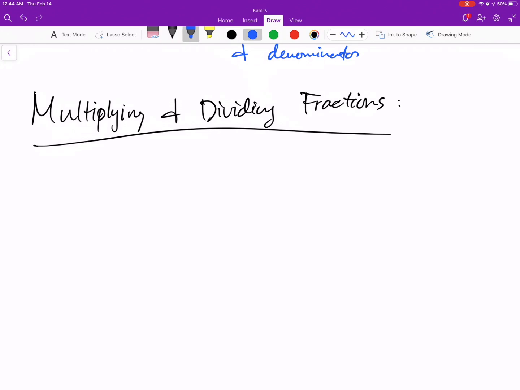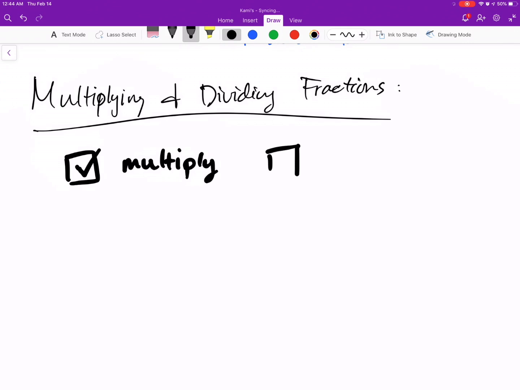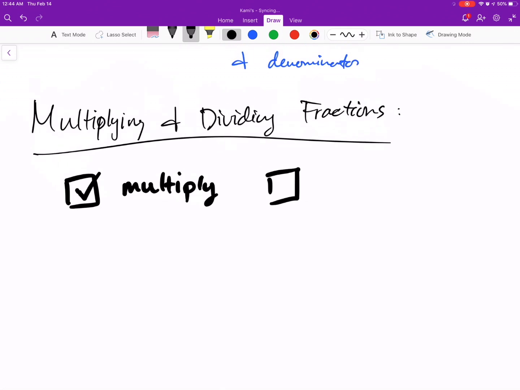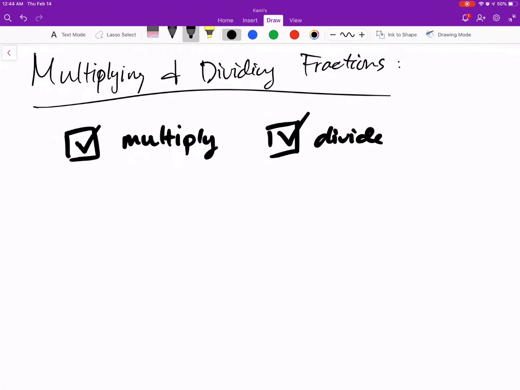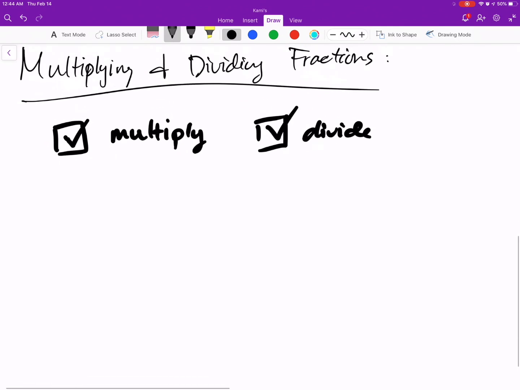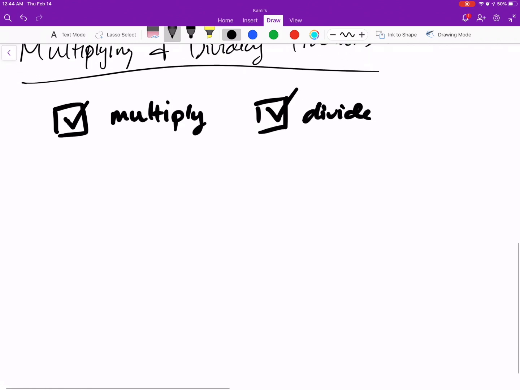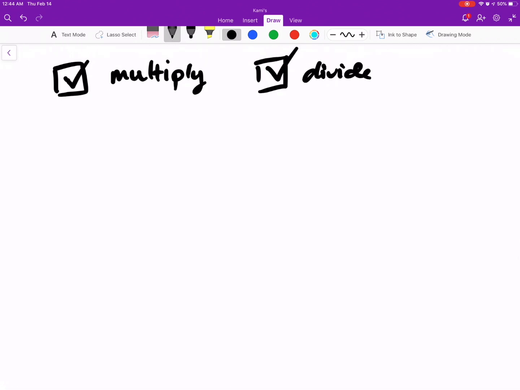Do we know how to multiply? Yes, so that means knowing your multiplication table and all of that. Do we know how to divide? Yes, we've been seeing that fractions are actually a way of division. So we should know this by now. Alrighty, so let's just get into it.